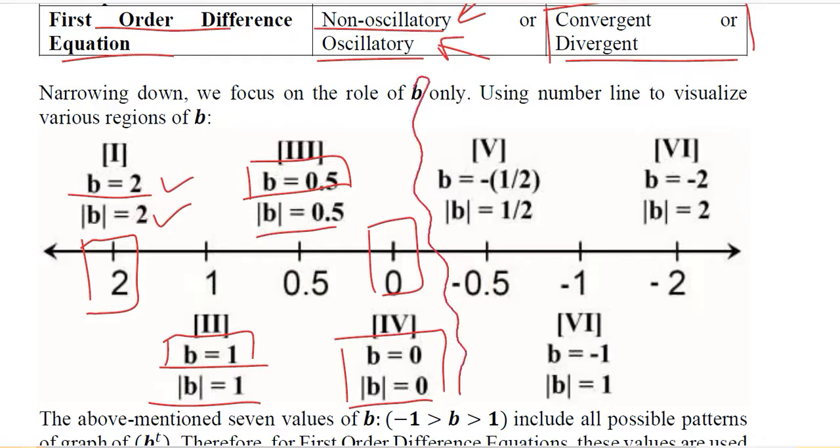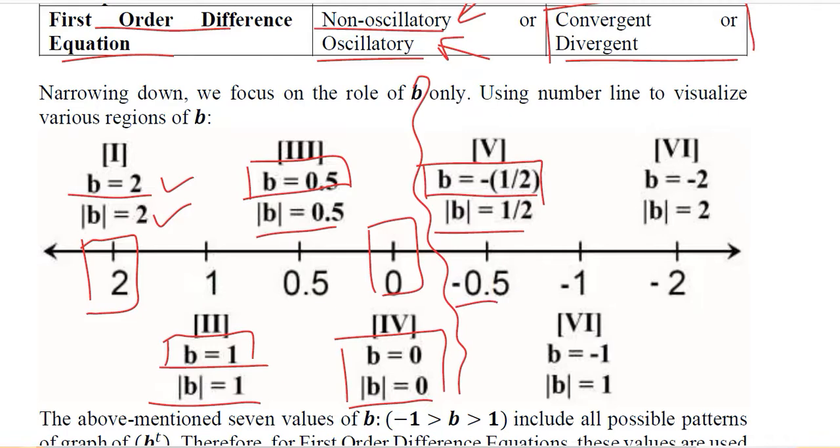However, after this we have negative value of b, that is minus 1 over 2 or minus 0.5. This would be negative value in its actual form, but its absolute form would be positive 1 over 2. That's where the absolute value would be different.